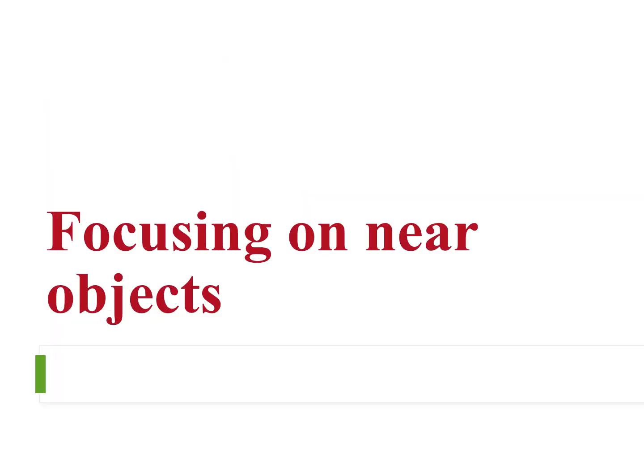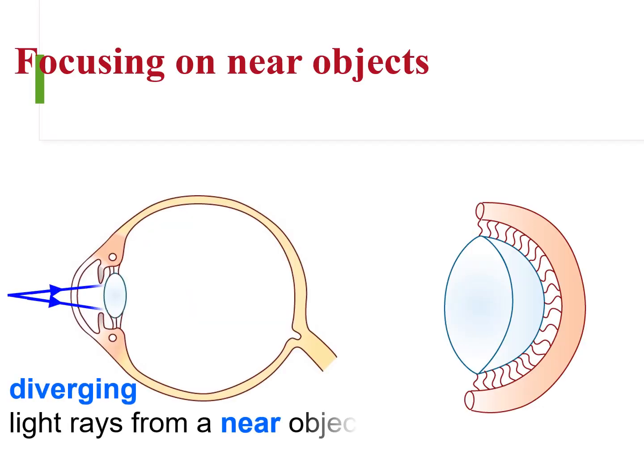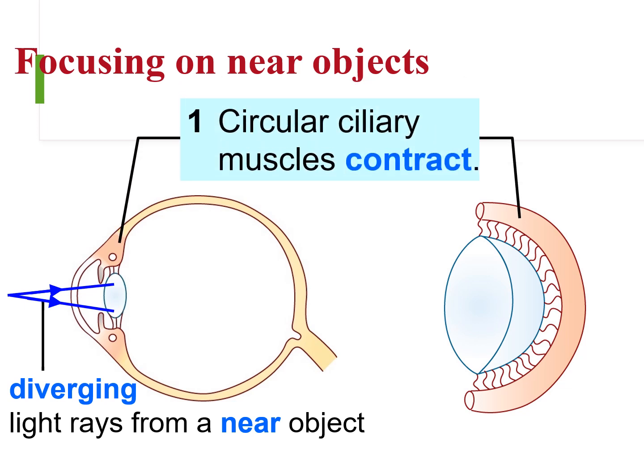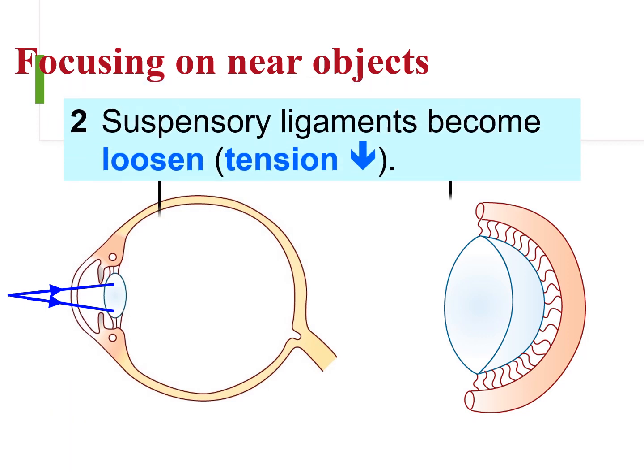When we are focusing on near objects, light rays from the near objects enter your eye as diverging light rays, and your ciliary muscles will contract. This causes the suspensory ligaments to become loosened, or you can say tension decreases, 鬆啲啦.